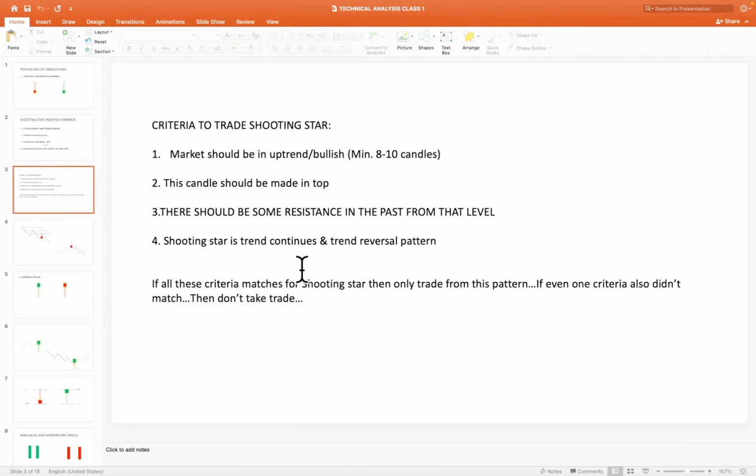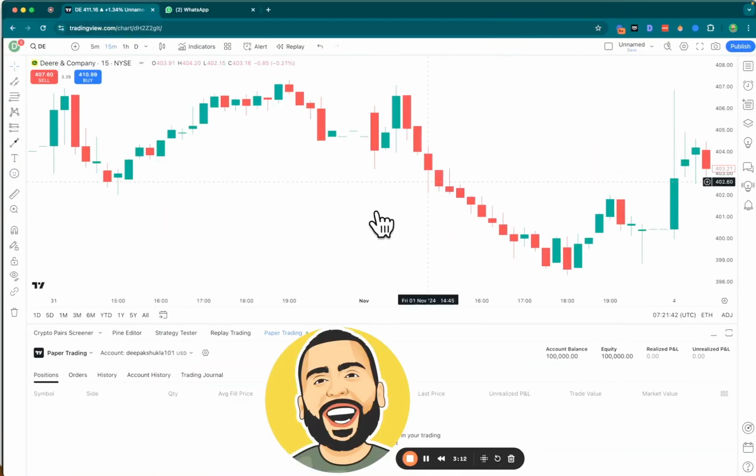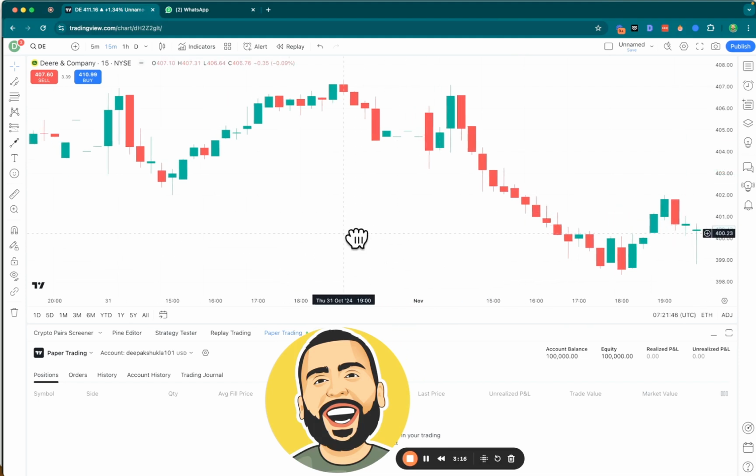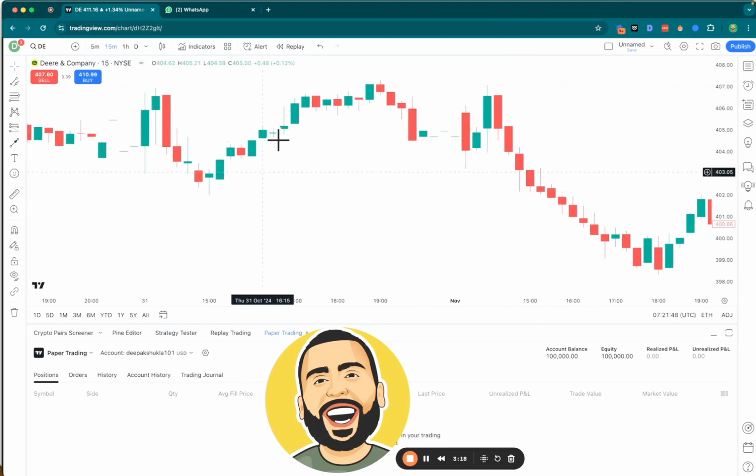And then the shooting star is a trend continues pattern, if it's trending downwards, I guess, maybe. I need to double check that in a trend reversal pattern. So if we have a look for a shooting star or an inverted hammer, like a Thor hammer, we're on the lookout for that. So arguably you could say that's a Thor hammer, but it's not quite big enough.